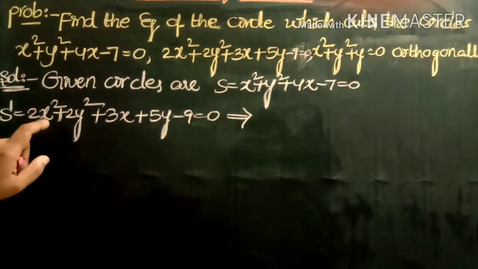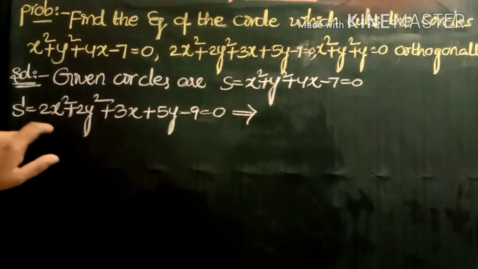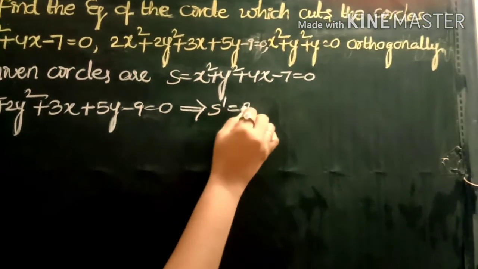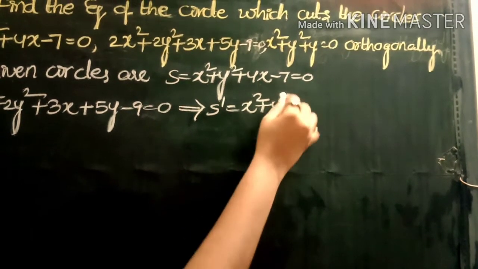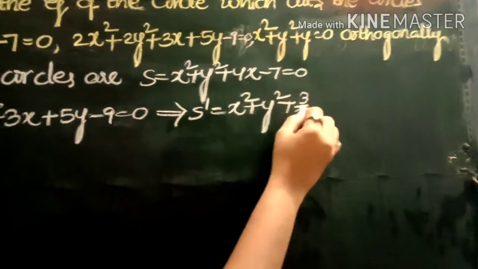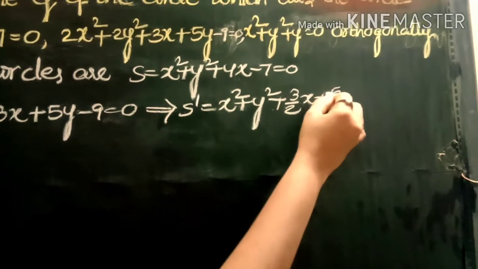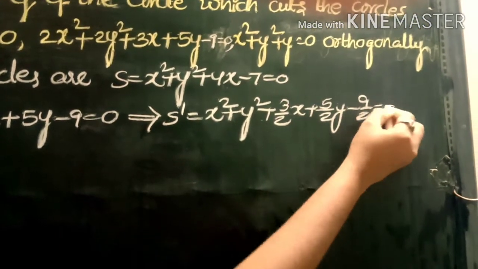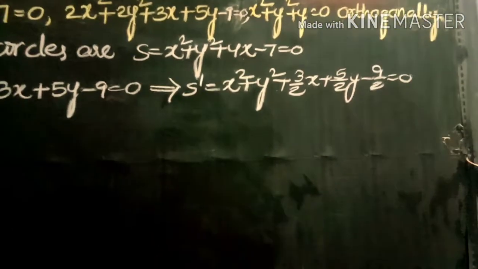So first we will divide this total equation by 2 to get the equation of the circle in the standard form. That is, S dash equals x square plus y square plus 3 by 2 x plus 5 by 2 y minus 9 by 2 equals to 0. This is the second circle, which is in the standard form.